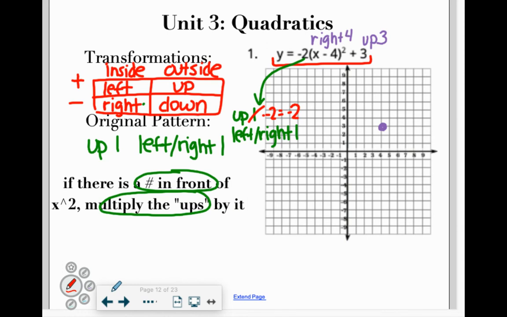And to go up negative 2, I'm going back to this point in the middle that I already drew. And I'm going to go down to right 1 and down to left 1. Sorry, I said that backwards. Like that.